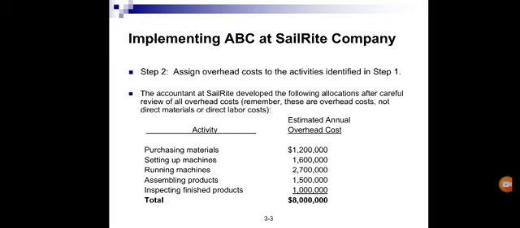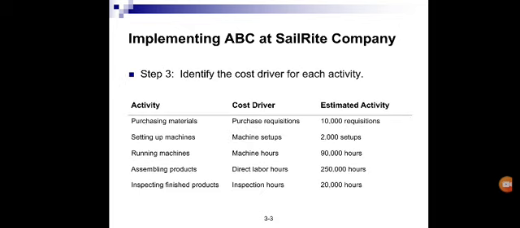After the business has identified costs related to every activity, then the business has to do step number 3, which is to identify the cost driver for each activity. So remember, cost driver is a factor that can cause a cost to increase or decrease.